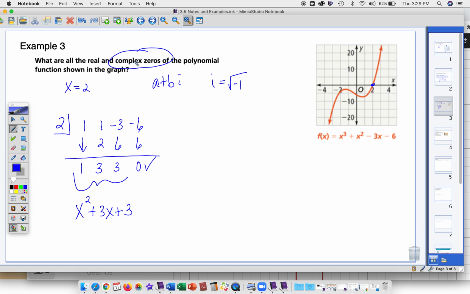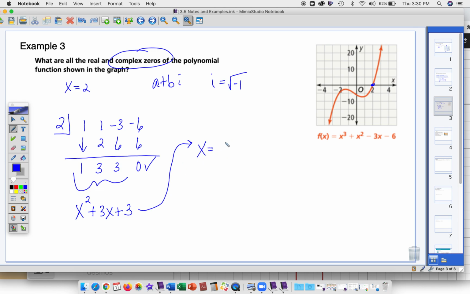If we're expecting complex zeros, you're not going to be able to factor in most cases. So what do we do instead? Well, we can complete the square, or I think quadratic formula might be a good idea here because we have that odd middle term. But that's up to you. If you like completing the square, you can use that method. So I'm going to solve for x using quadratic formula.